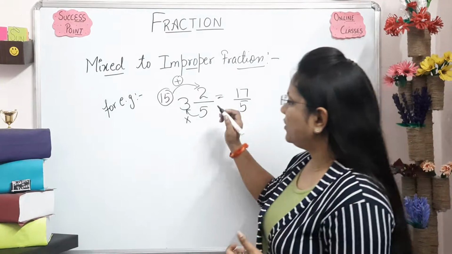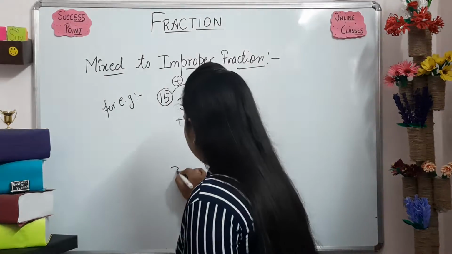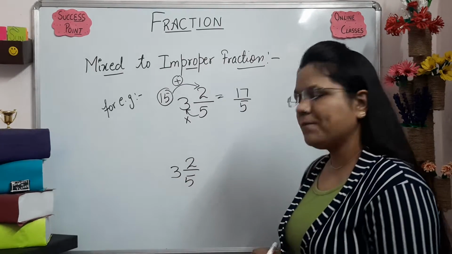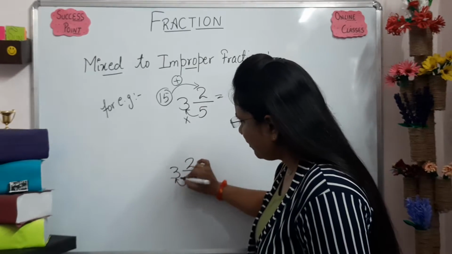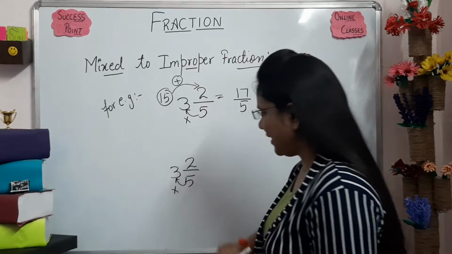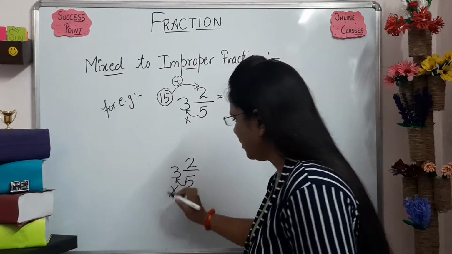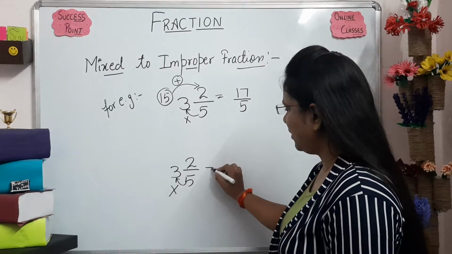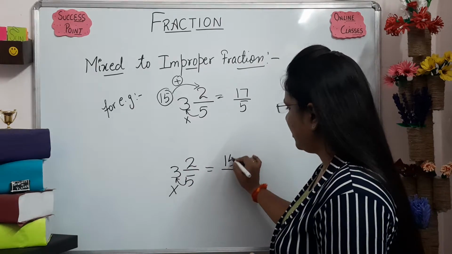We can understand this with one more way. We have the same number, 3 2 by 5. The step is the same: multiply the denominator with the whole number. So 3 fives are 15.